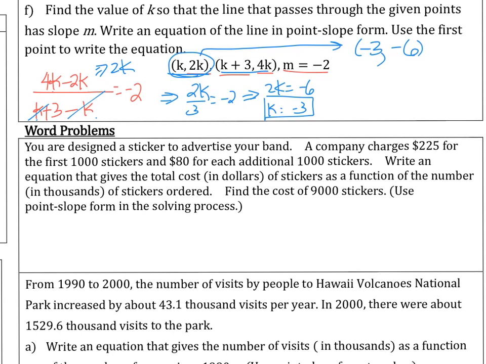Now we don't have to evaluate the second point because the problem asks you to use the first point to write the equation in point-slope form. Now since we have the slope, we're ready. Y minus -6 equals -2 times x minus -3.